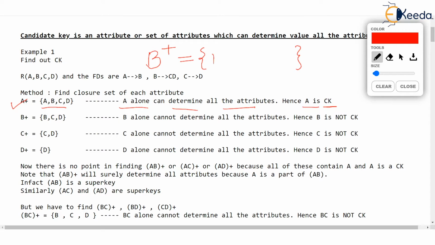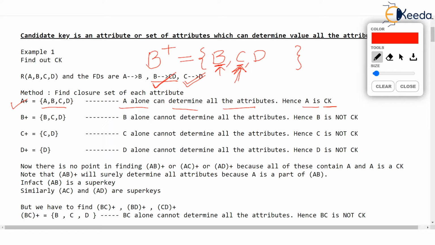Now, as B is there in this closure set, we can use the functional dependency which I am ticking here, B determines CD. So B is going to bring in C and D. Now let's see whether we can bring in something more. Check that C is now there in the closure. So this functional dependency which I am ticking here, C determines D, but D is already there.